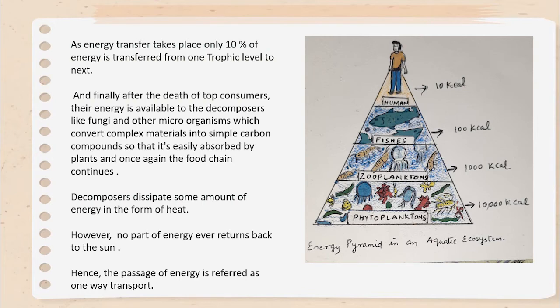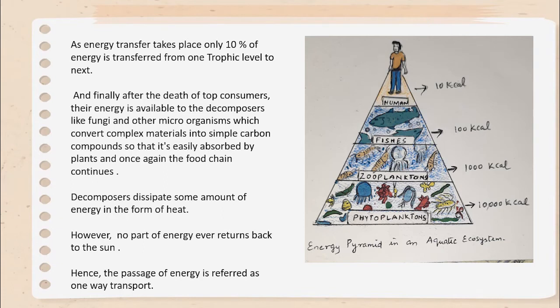And finally, children, what happens after the death of consumers? Where does the energy go? Yes, after the death of top consumers, their energy becomes available to the decomposers. These decomposers convert complex materials into simple compounds so that they can be easily used by the plants, and once again the cycle continues.